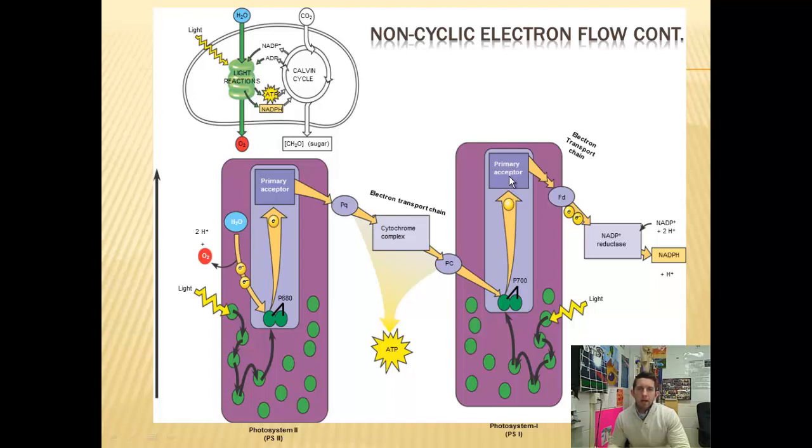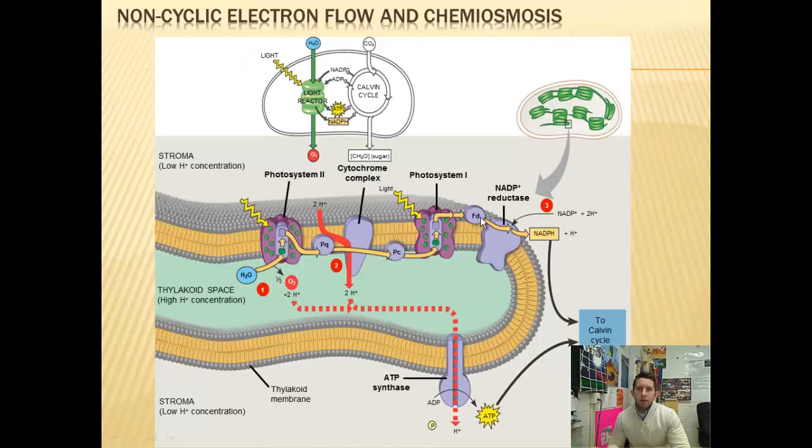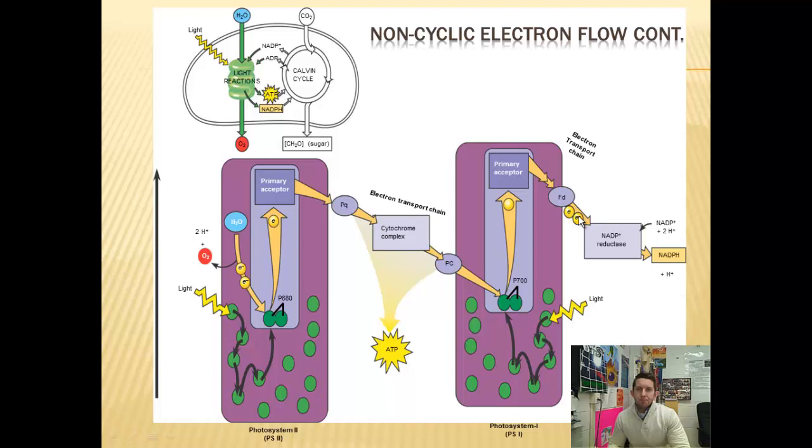It starts to pass that electron down a series of steps, and as the electron is passed, energy is lost, but that energy can still be utilized. So in photosystem 1, the primary electron acceptor is going to pass this electron to ferredoxin, which is another protein complex that's embedded right here in the phospholipid bilayer.